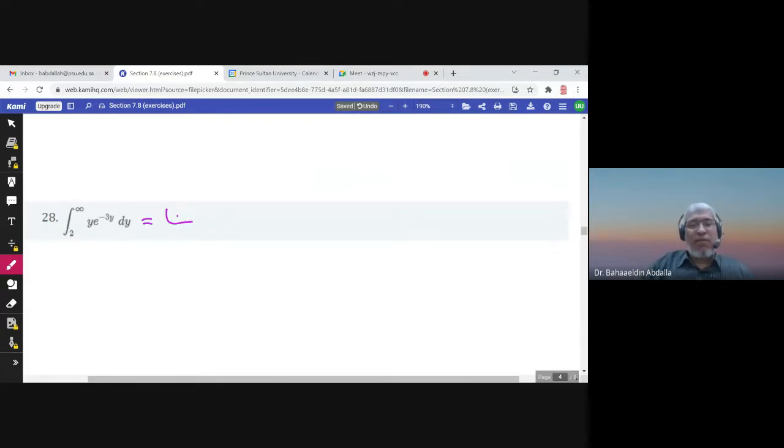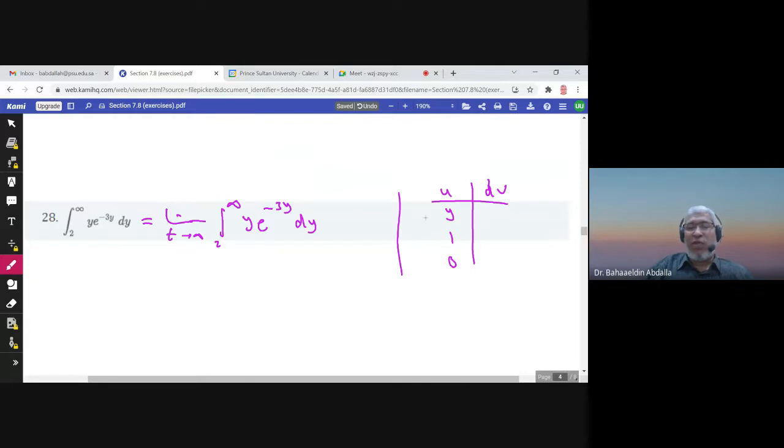Again, this is the limit when t approaches infinity, from 2 to infinity, of y times e to the power negative 3y dy. I can solve this integral by using the table, the quick method in integration by parts. U is y, the derivative of y is 1, then 0.